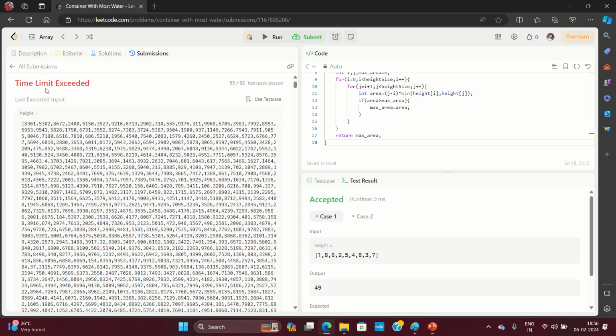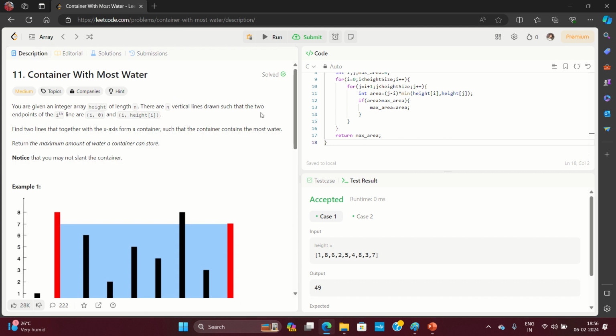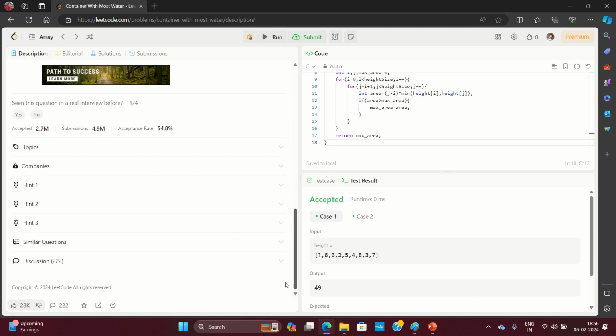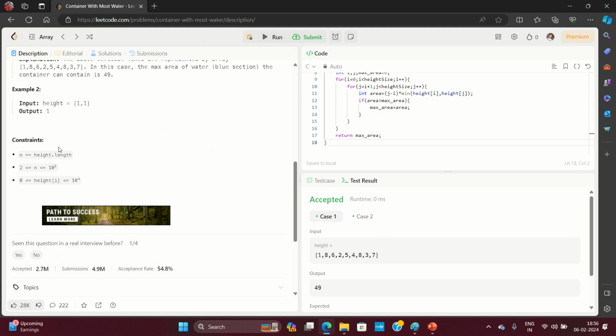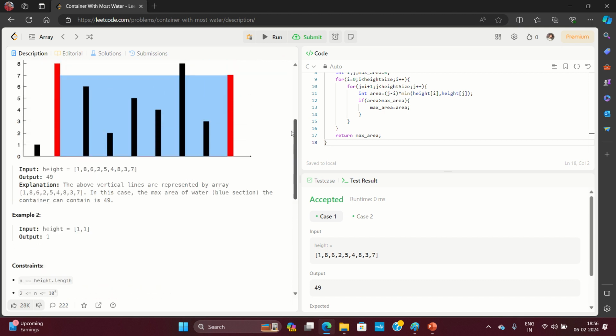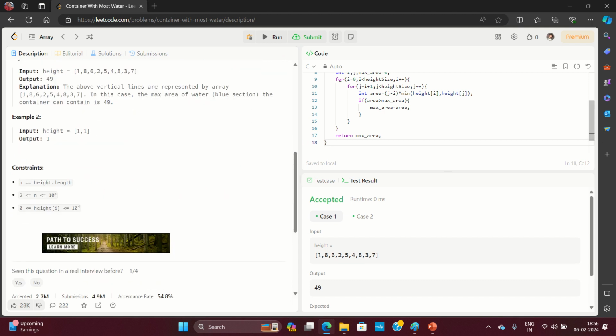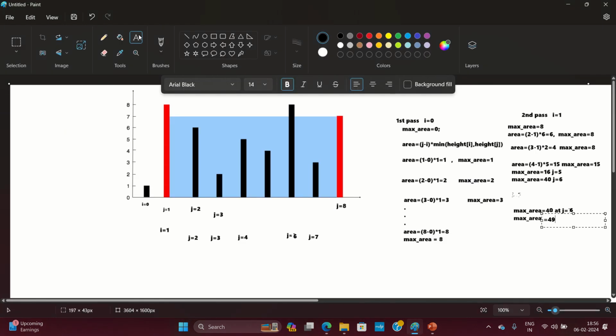It is used because, if I go to the description of the problem, the height length, that is n, is between 2 and 10 to the power 5, and 10 to the power 5 means 1 lakh. Now the code that I have written, in the worst case, this is where the importance of time complexity comes.